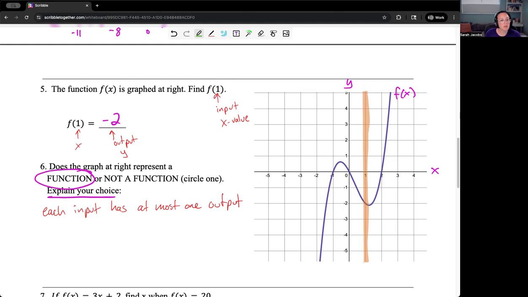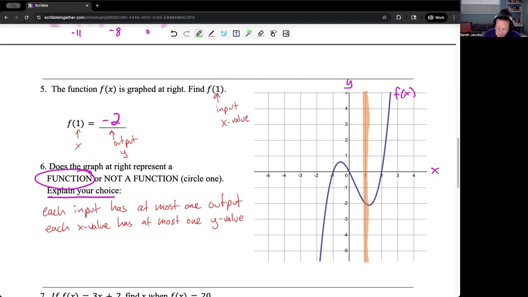And if we want to think about this in terms of x and y, you could think of this as each x value has at most, so it could be less than this, could be 0, but at most one y value. This allows it to be a function because we have consistent outputs. Thinking about that soda machine, right? You press the same button, you should get the same soda. If you don't get the same soda each time you press the same button, the machine's not functioning properly.